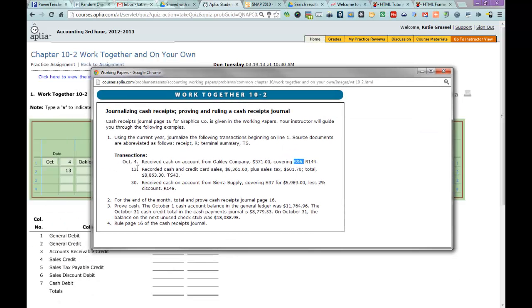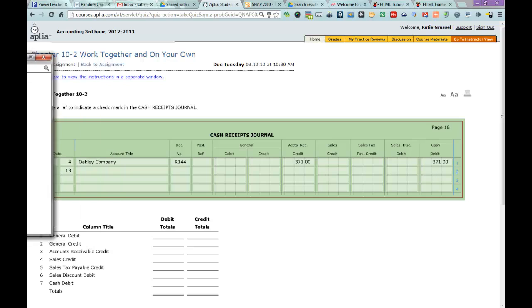Okay, what accounts am I affecting? Cash, sales tax, and sales, right? So I have sales, sales tax, and cash.